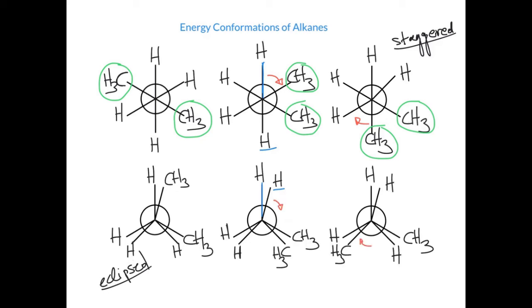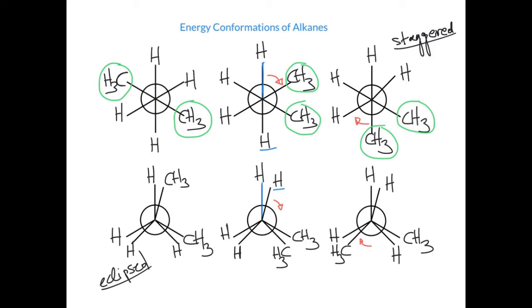If we now calculate how much lower in energy the staggered conformations are compared to the eclipsed conformations, then we can calculate the torsional strain of each of the conformations by measuring the individual eclipsing interactions.